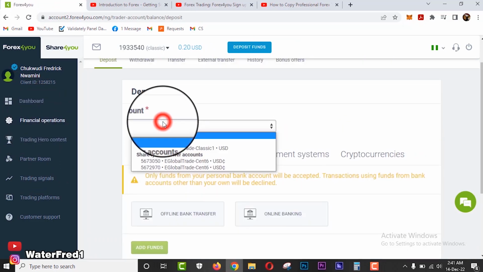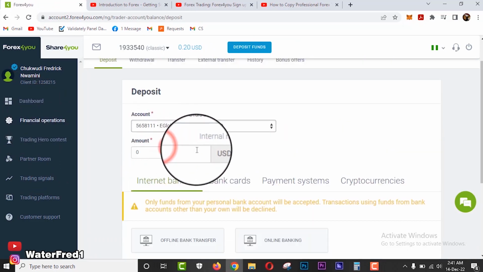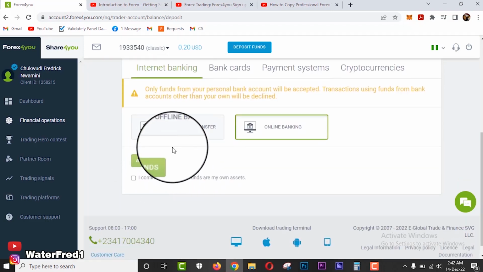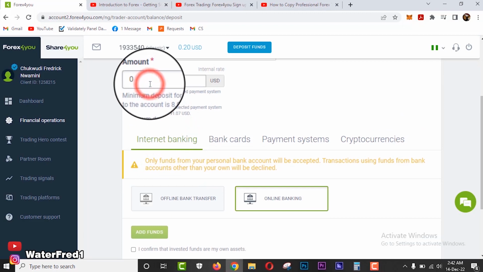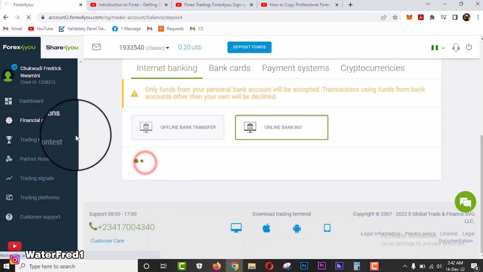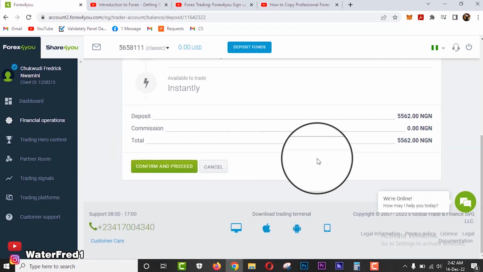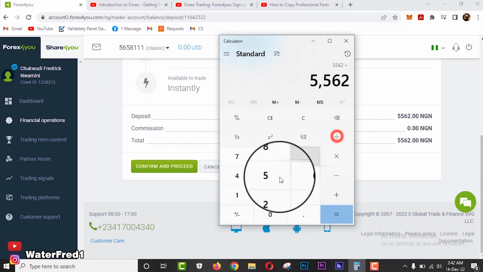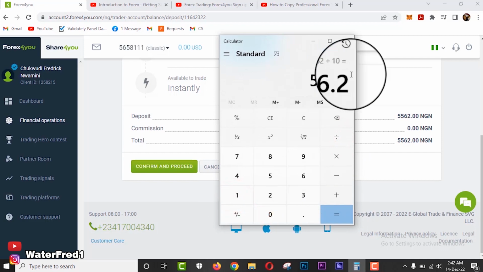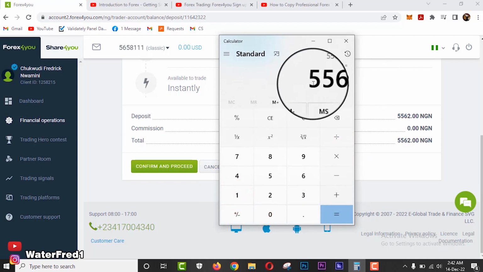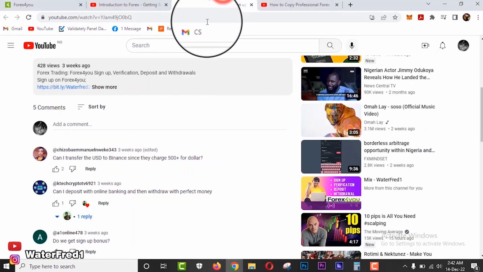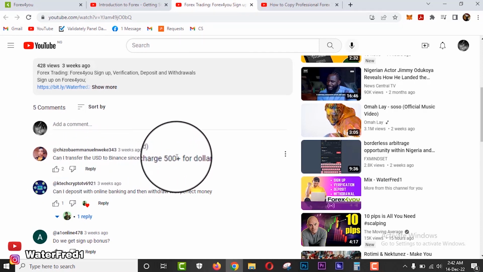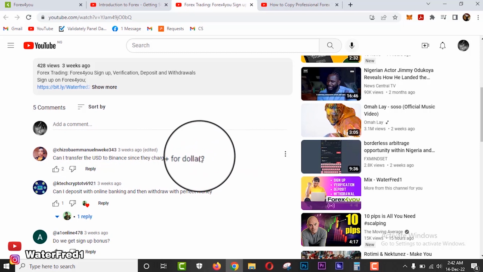Let's say you want to deposit into one of your accounts and you click on online banking, and then you select the amount $10 and you confirm and click on add funds. So you can see you are paying 5562 naira for $10. So if you divide it by 10, you are basically being charged 556.2 naira to $1. So this guy is asking, can he transfer the US dollar to Binance since they charge this for $1?